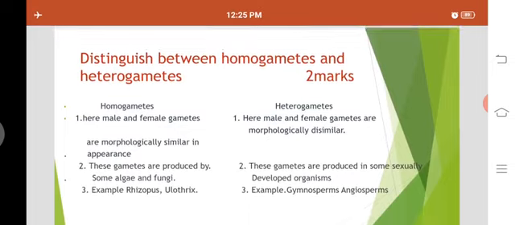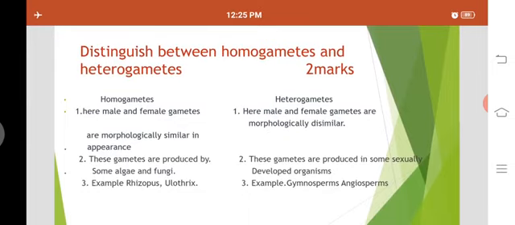Okay, then next question you see here. Repeatedly they have asked this question for 2 marks. Distinguish between homogametes and heterogametes. This question also they have asked repeatedly. When you go through the question papers, you come to know which concept is important, which concept you have to give more stress and read.